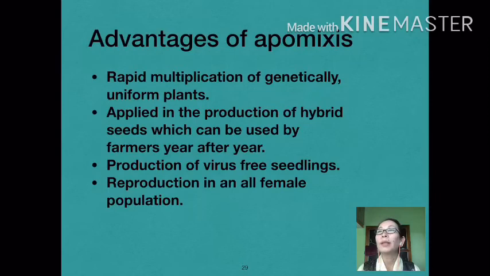And most importantly, apomixis has been widely induced in hybrid seeds in order to overcome segregation and to save farmers the expense of buying fresh hybrid seeds every year. An apomictic hybrid seed can be used year after year.